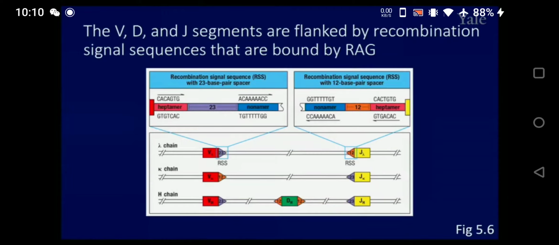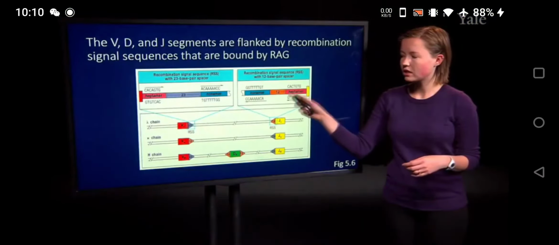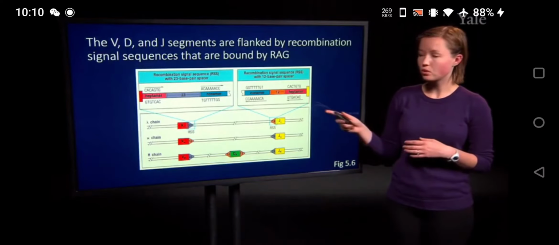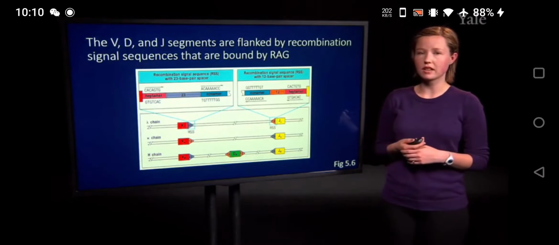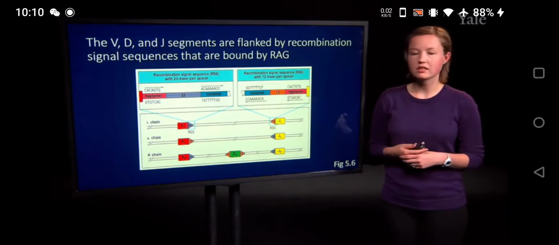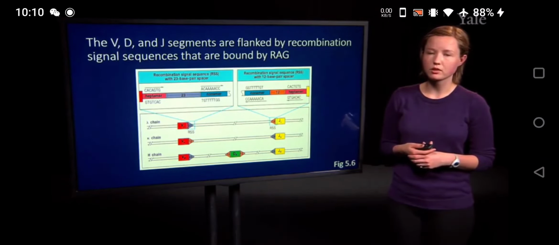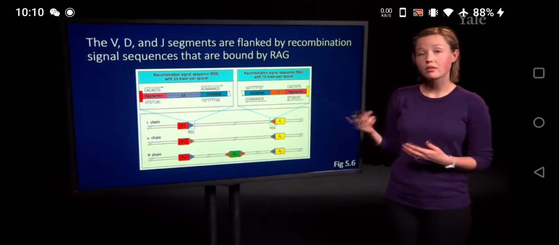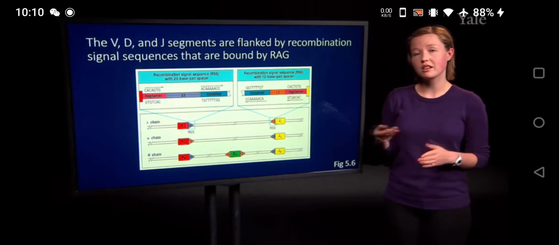These 12 and 23 RSSs are differentiated in this particular spacer region in the DNA that is between the actual recognition site for the protein, which is the heptamer and nonamer regions shown adjacent to the 12 and 23. So in the 12 RSS, there are 12 base pairs separating the heptamer and the nonamer.